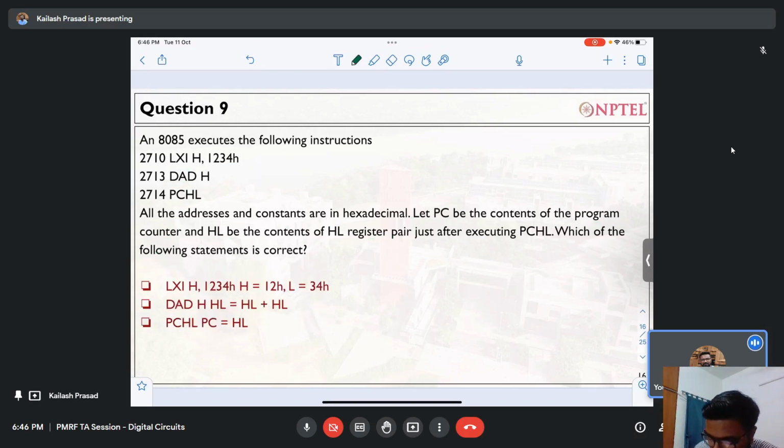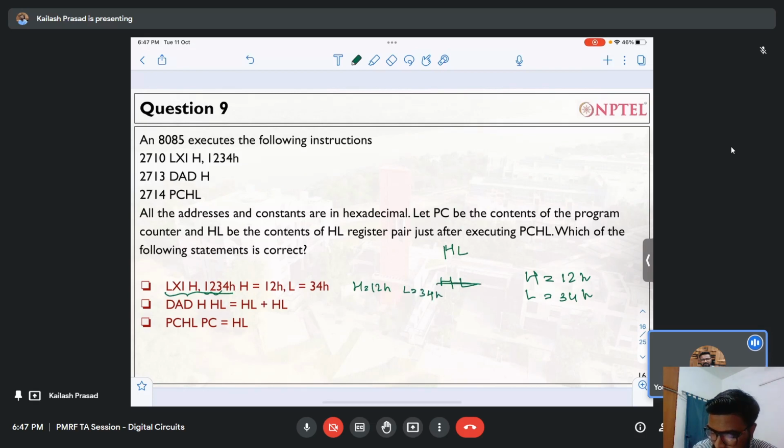Whenever you write LXI H 1234, it means, see, H is not alone, it is an HL pair. So in the HL pair, H will go to the upper half, that is 12 in hexadecimal, and L will get 34 in hexadecimal. So this is clear. Now the value of H is 12 and L is 34.